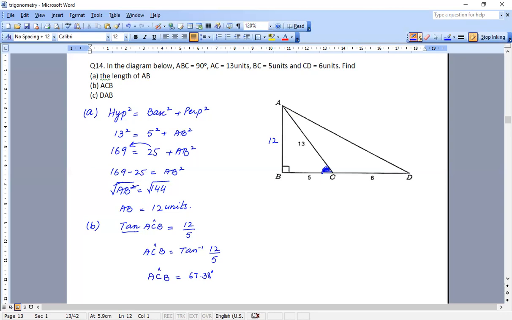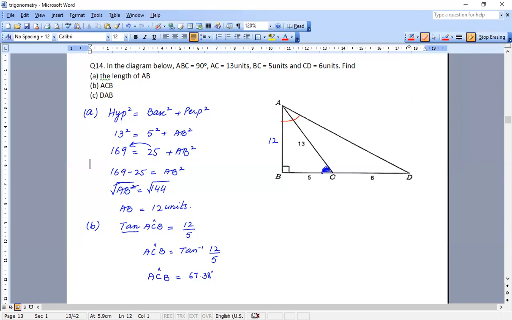DAB. Where is DAB? This is going to be DAB, the line coming from D to A and then going towards B. So we have to find out the angle DAB. Since we are trying to find out angle DAB, the only thing that we have is considering the triangle ABD. If I consider triangle ABD, I'll have to make sure that I know two sides of the triangle ABD.